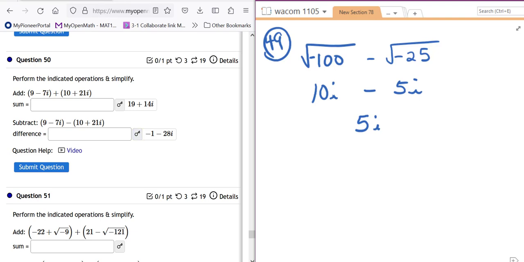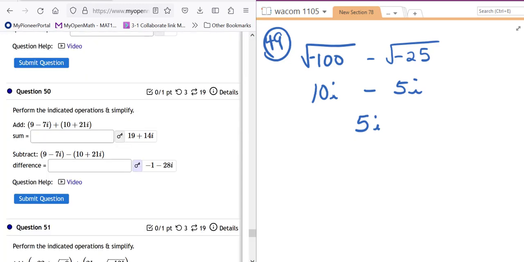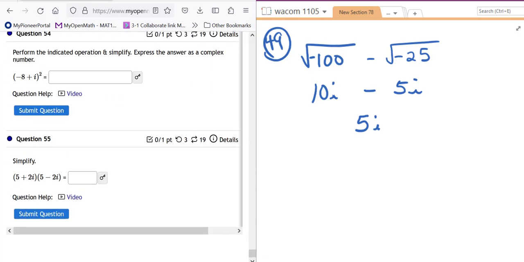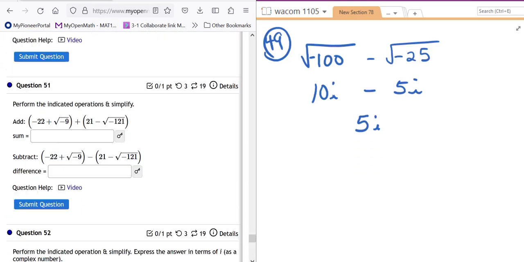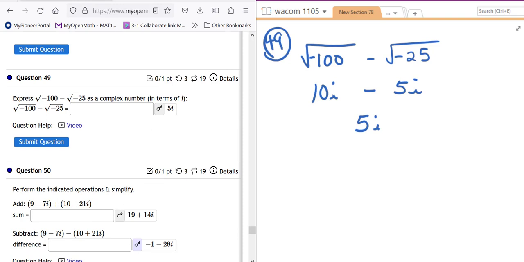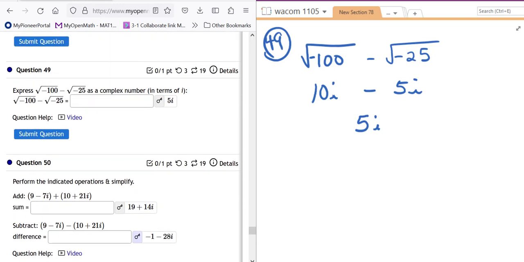That makes it easy. So, question 49, how did I get negative 25? You sure that's the question?